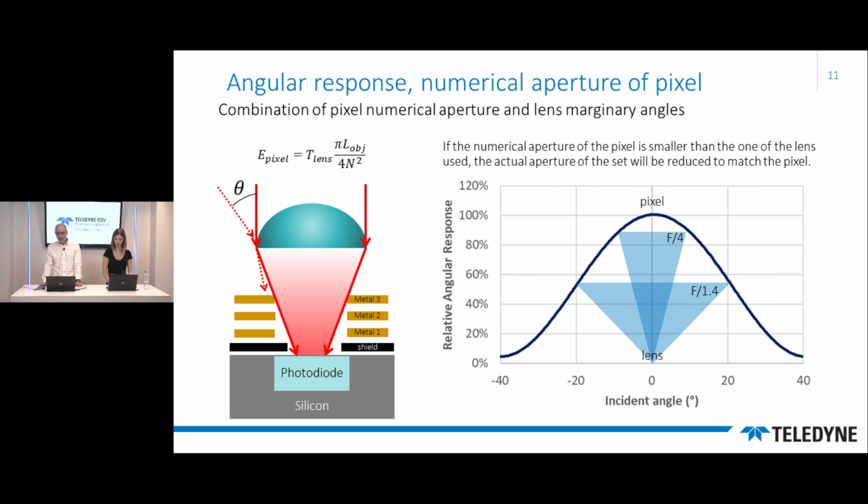So if the aperture of the main lens is larger, meaning a small f number, then relative to the aperture of the pixel, the gain in exposure will not be very effective because the pixel will be the limit. So a pixel with a small numerical aperture will not allow working with very open lenses.